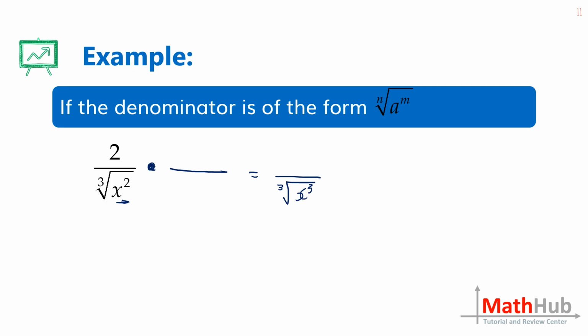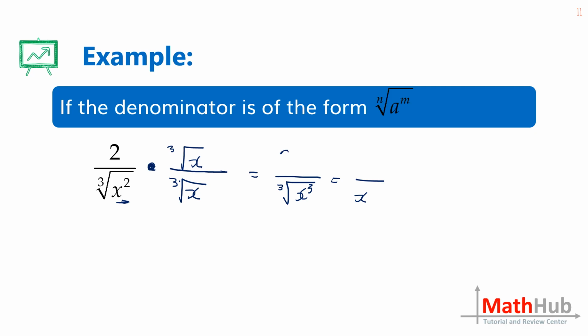We want to have the same number in your index and in your exponent so that it will just be equal to x. So therefore, what do you need? For x squared to be x cubed, we just need x. Correct? So cube root of x.